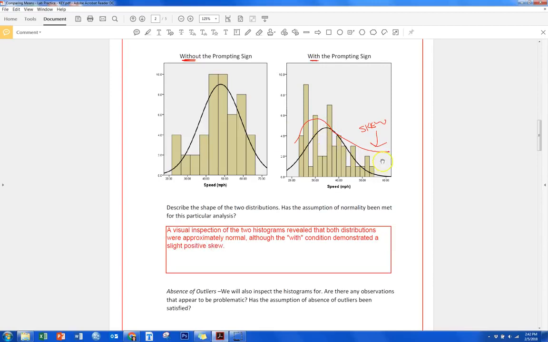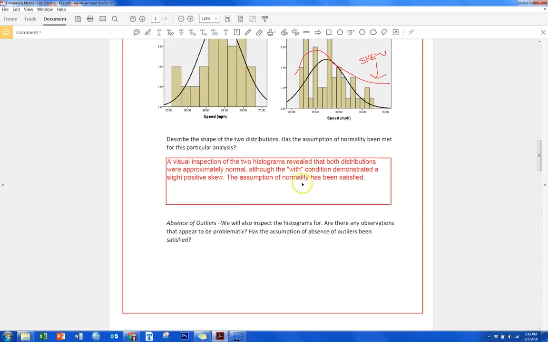It's nothing too extreme. Over here again, actually a little bit of a negative skew. If we were going to talk about a skew, there are slightly fewer observations on the left than on the right, but approximately normal. So for that reason, the assumption of normality has been satisfied for both distributions.